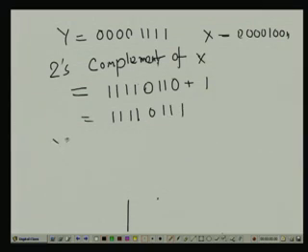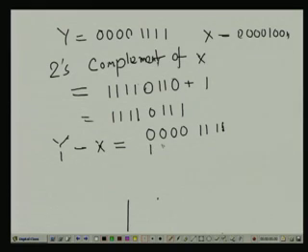Now, if I do y minus x, we have to add this y and the 2's complement of x, which is this number 1 1 1 1 0 1.